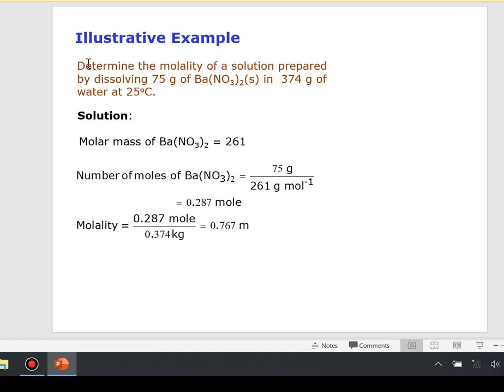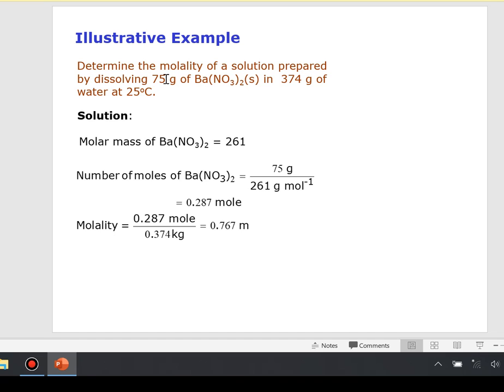And you have to solve this problem. Calculate the molality of the solution, which is prepared by dissolving 75 gram of barium nitrate in 374 gram of water at 25 degrees centigrade. According to definition, molality means number of gram moles of the solute per kg of the solvent. First of all, you will calculate the moles, the number of gram moles of the solute.